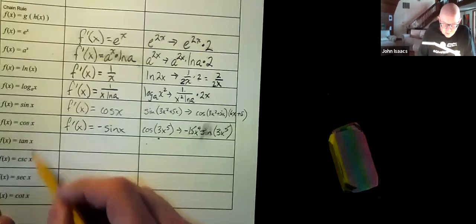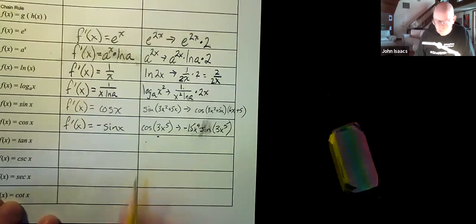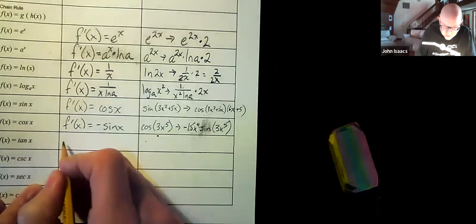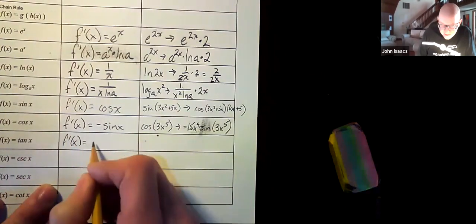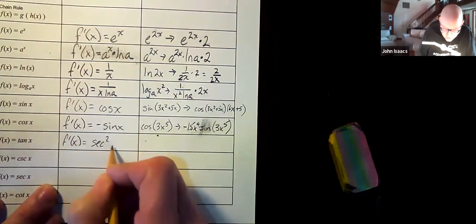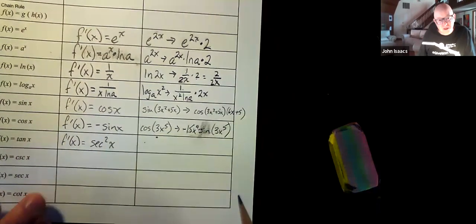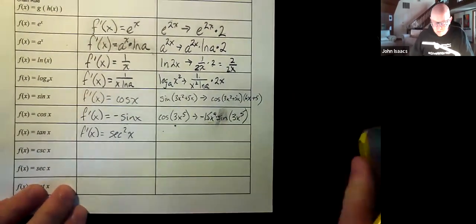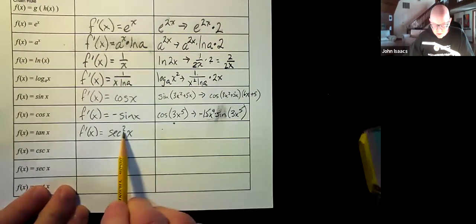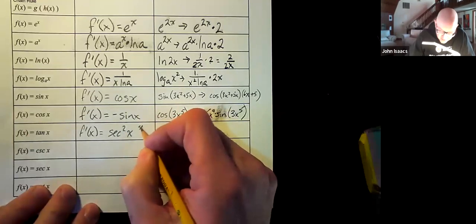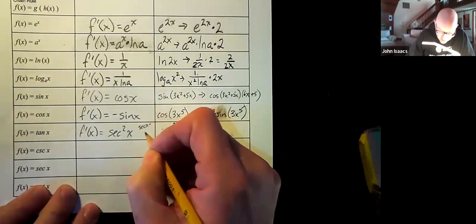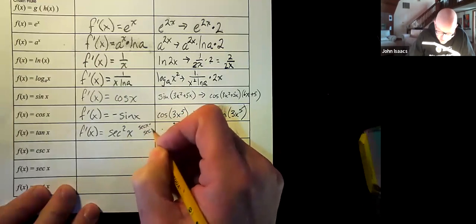Now, these get a little more complicated to memorize, but they work the same way. The derivative of tan x becomes secant squared x. We haven't really worked with secant squared much, but this means we're squaring secant x. It's really secant x times secant x.